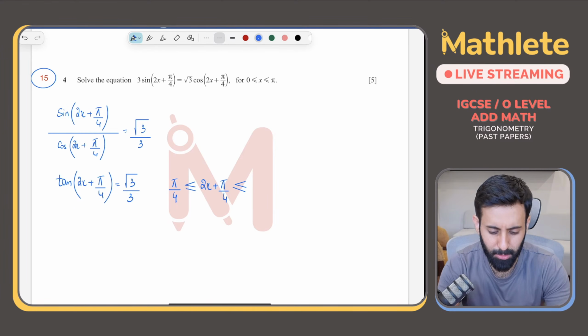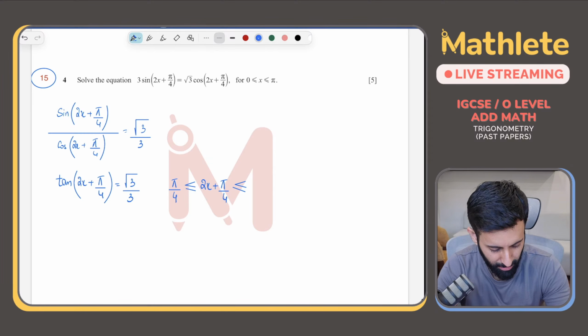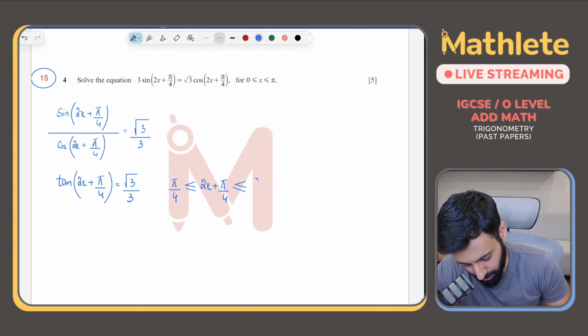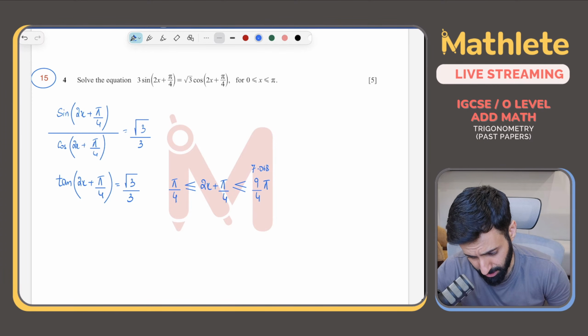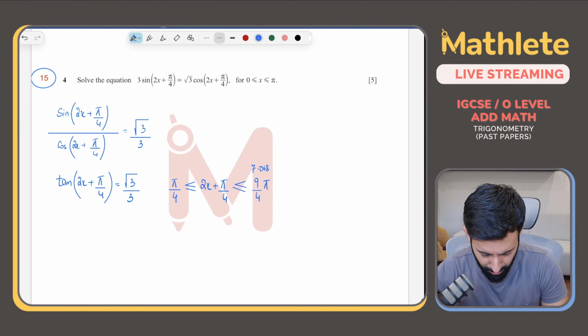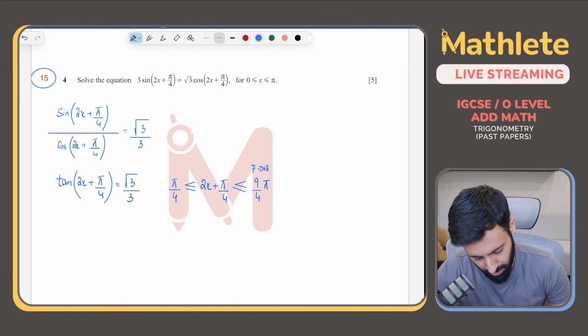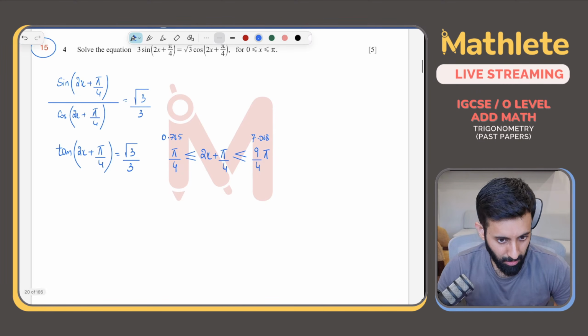What's that equal to? I think 9 upon 4, but let's double check. 2 pi plus pi upon 4 is equal to 9 upon 4 pi. Now, in both cases, let's write down the decimal value so that we know when to stop. 9 pi upon 4 is 7.068. And what about pi upon 4? Pi upon 4 is equal to 0.785.